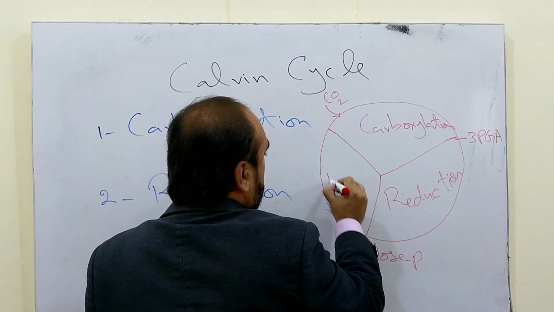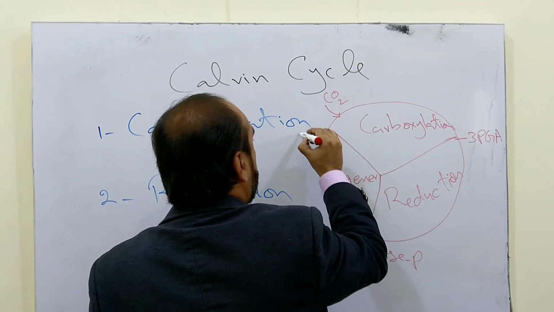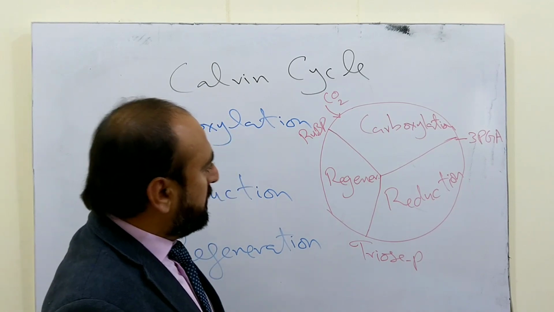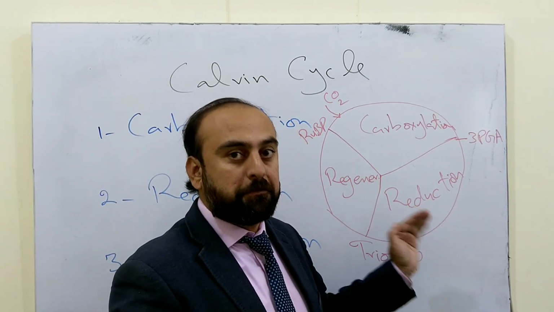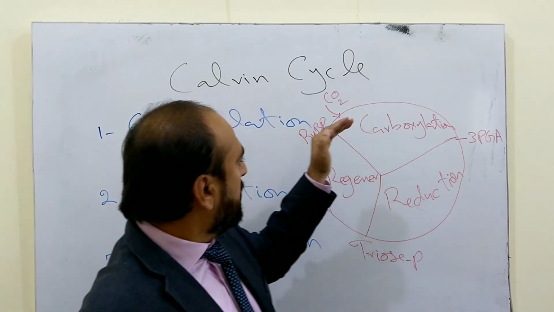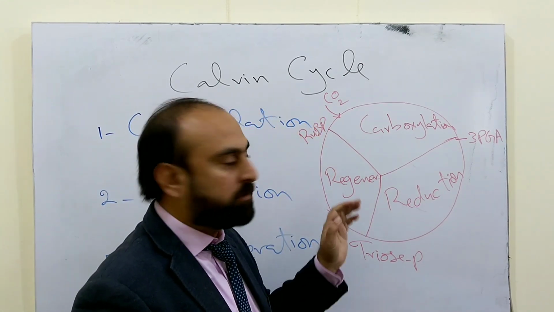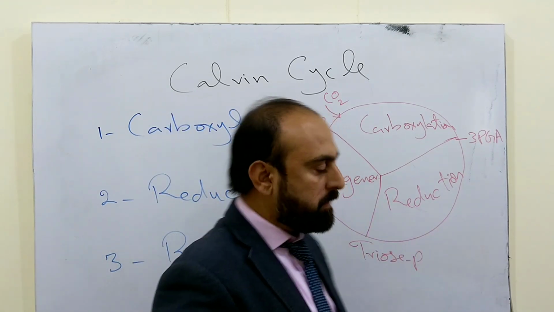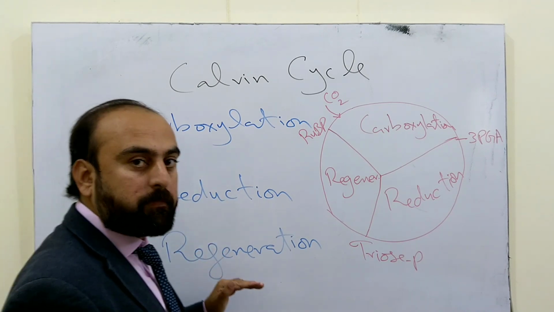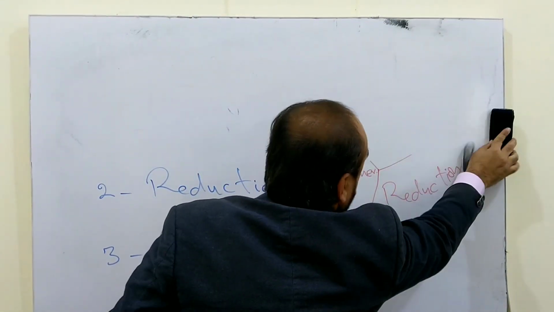And the third step is regeneration of RuBP, or ribulose 1,5-bisphosphate. Before carbon dioxide is reduced, first it is fixed or carboxylated. It is added to the first acceptor molecule, the 5-carbon sugar RuBP. So the Calvin cycle has 3 steps: carboxylation, reduction, and regeneration. Now I am going to draw the complete cycle.